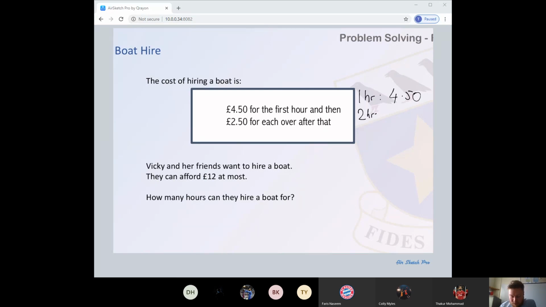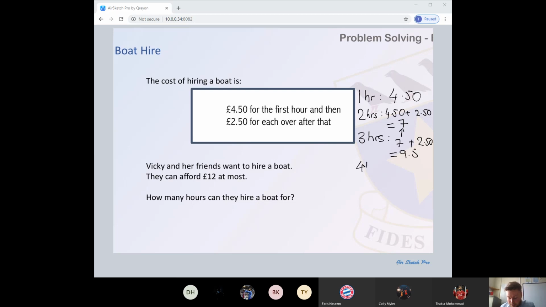For 2 hours, it's going to be that £4.50 plus another £2.50, so altogether that would be £7. If we have 3 hours, so one more, we've already paid £7. We just need to add on another £2.50, don't we? So that's going to be £9.50.